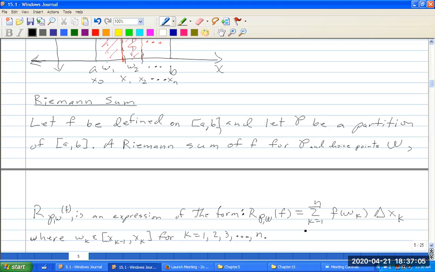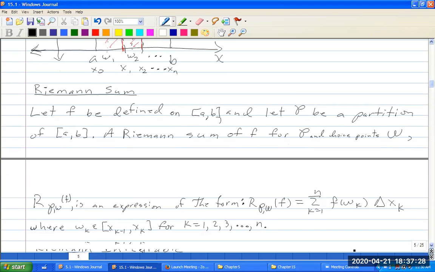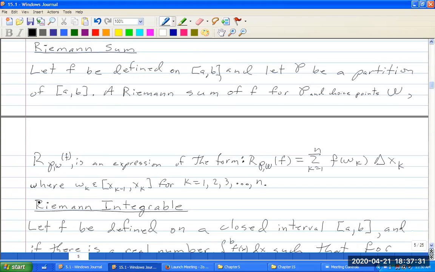It is the sum from k equaling 1 to n, n determined by your partition, of f of W sub k, where the W's are your choice points, times delta x sub k. Again, those are the widths of each of the subintervals as determined by that partition. So again, where the W sub k's are in the closed interval from x sub k minus 1 to x sub k for k equaling 1 to n.